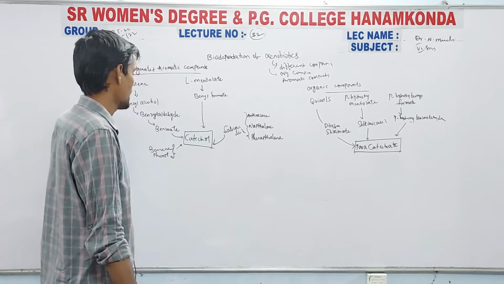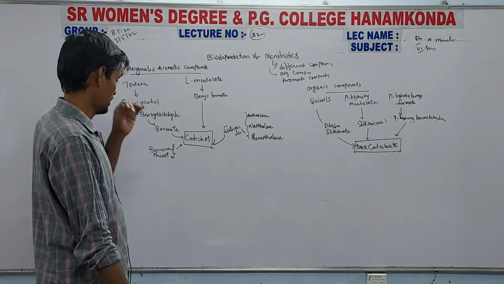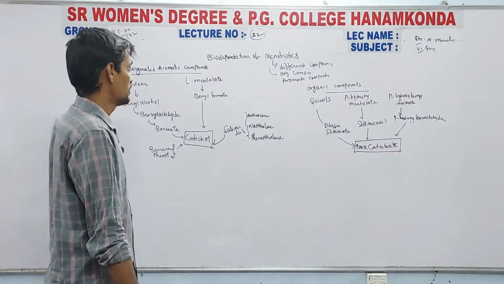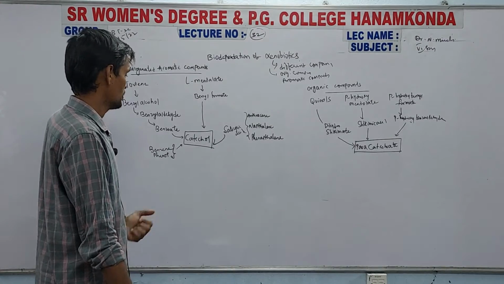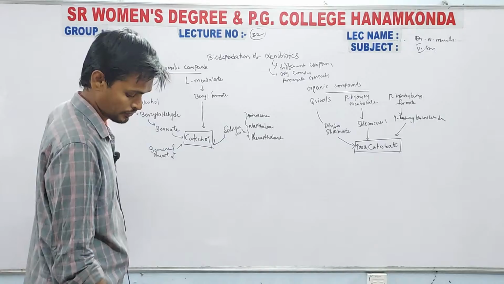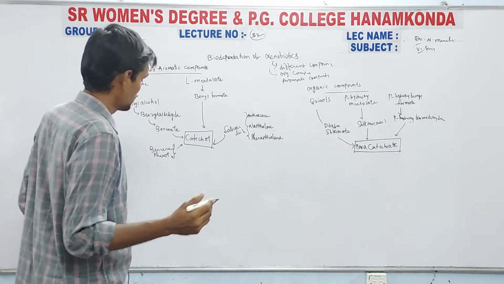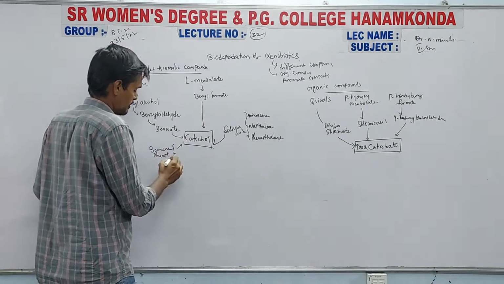So this catechol and protocatechuate will undergo further degradation to form other compounds by two methods, two pathways.